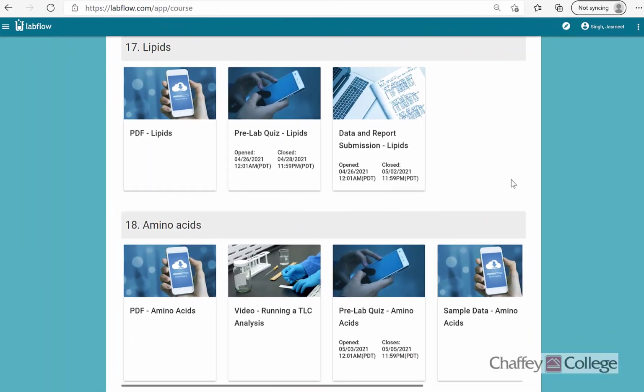The second part of this lab report deals with the technique called TLC, or thin layer chromatography. A video about thin layer chromatography is given here, so I would highly encourage you to watch this video. So let's briefly discuss what we are going to achieve in the second part of this lab report.